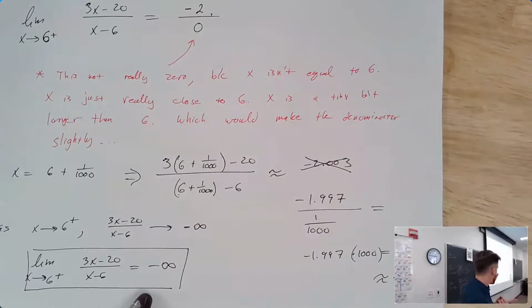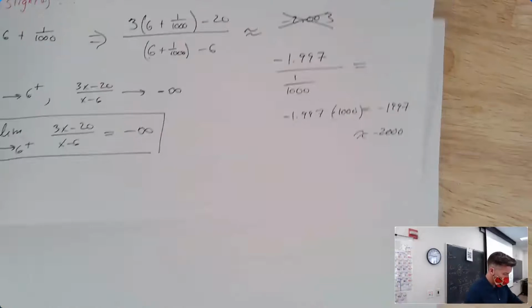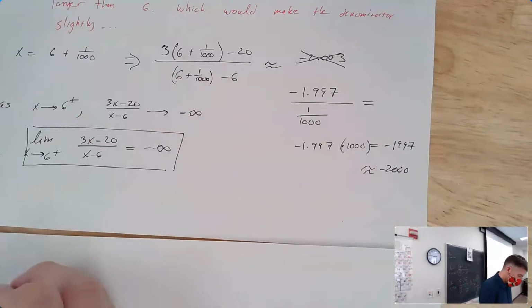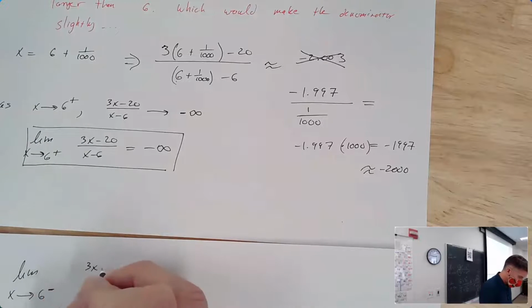It's either going to be minus infinity, or positive infinity, or it's going to not exist if the left hand and the right hand side are doing opposite infinity things. If it's a one-sided limit, it's always going to be either positive infinity or negative infinity. So we could also ask, what's the limit as x approaches 6 from the left of (3x minus 20)/(x minus 6)?